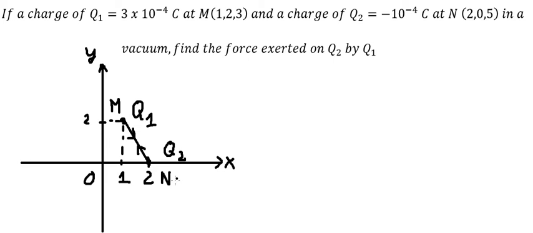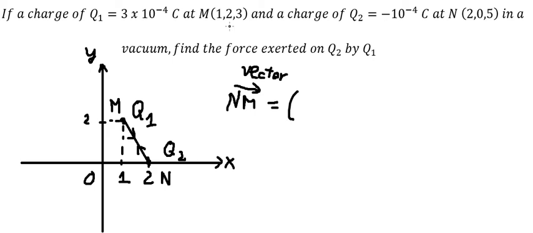So now, because we want to find the vector of force, if we look carefully at the vector on Q2, that means N in here. So they will go in this way. That means we need to follow the vector N to M. So we need to find vector NM in here.